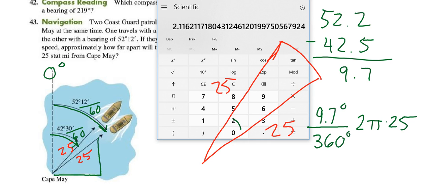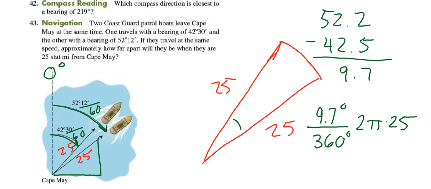That's not right. Let's try that again. 9.7. It'd be better if I had a nicer calculator than this. Times 2 times pi times 25. Oh, there we go. 4.23 miles.